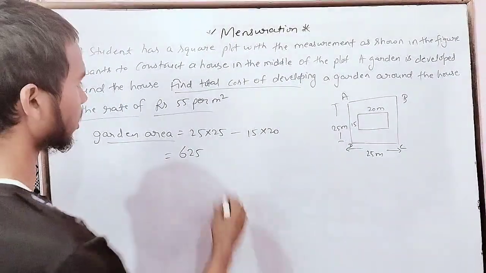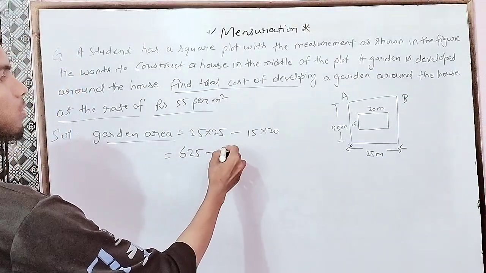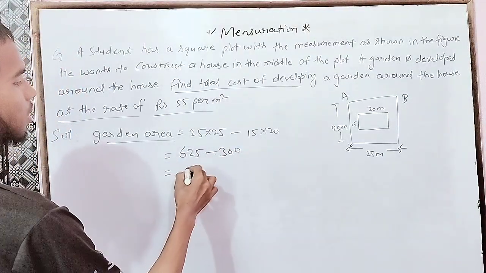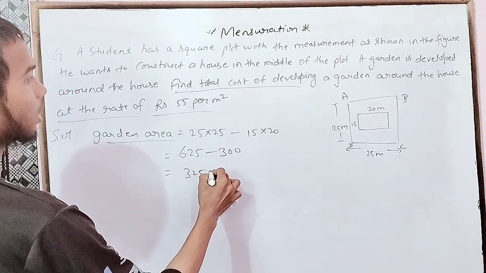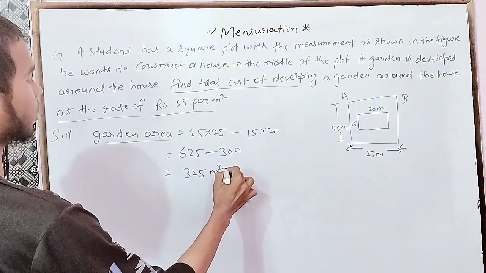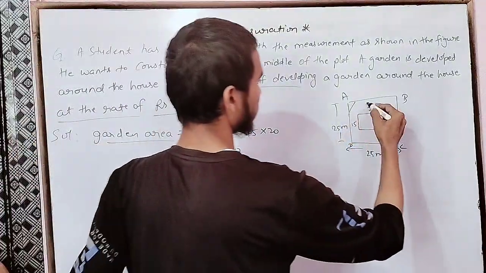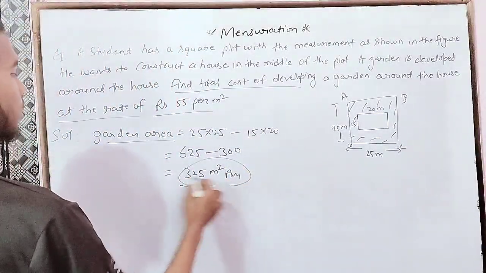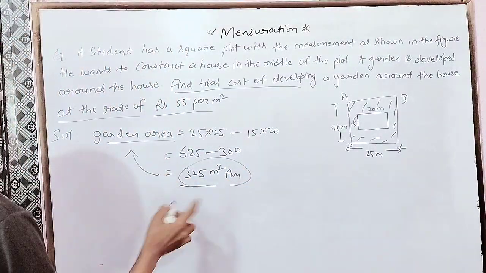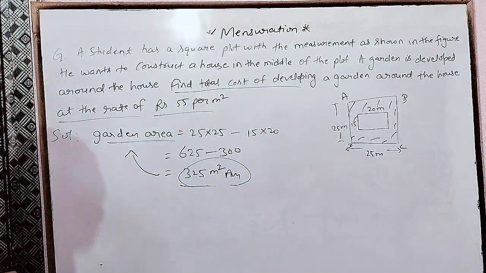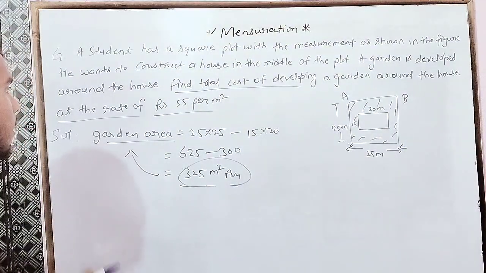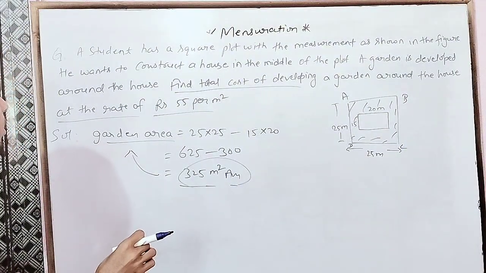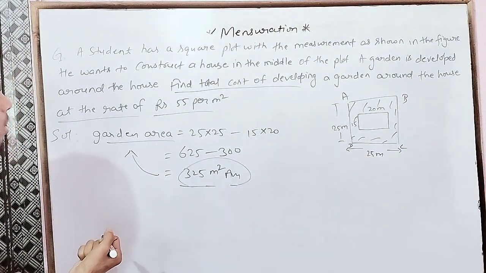Now 15 2s are 30. How much? 325 meter square. So this area is how much? 325 meter square.